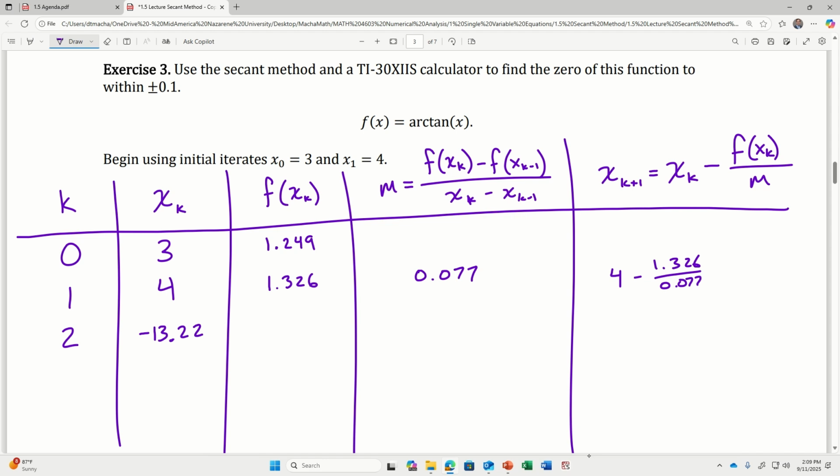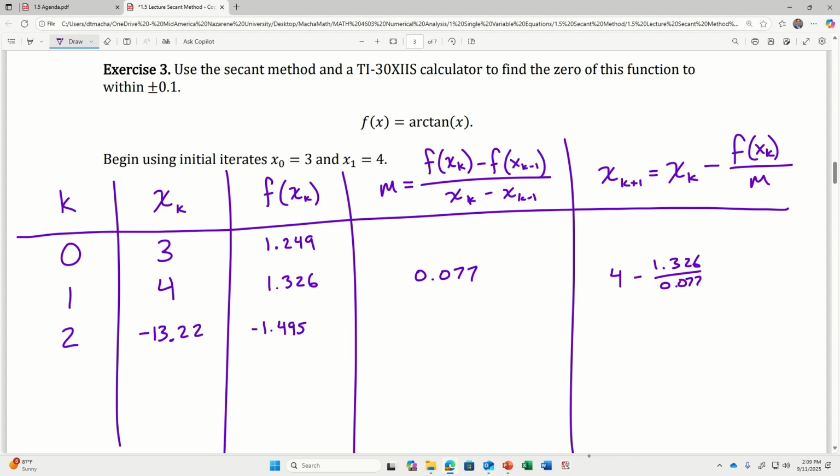Negative 13.22. What is arctangent of negative 13.22? Negative 1.495.